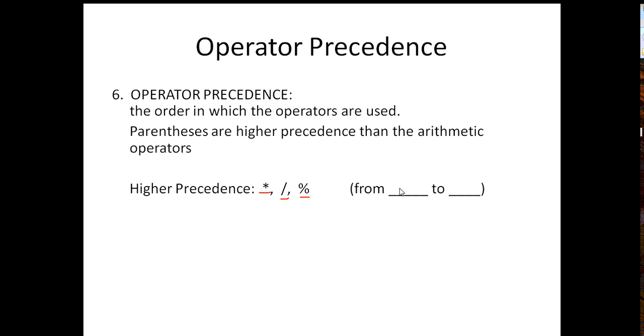Now, once you have them on the same line, you need to do them in order from left to right. So you can't just pick whichever one you want. You don't want to go multiplication, then division, then modulus. You need to go how they show up from left to right. So we will give an example of that here in just a second.